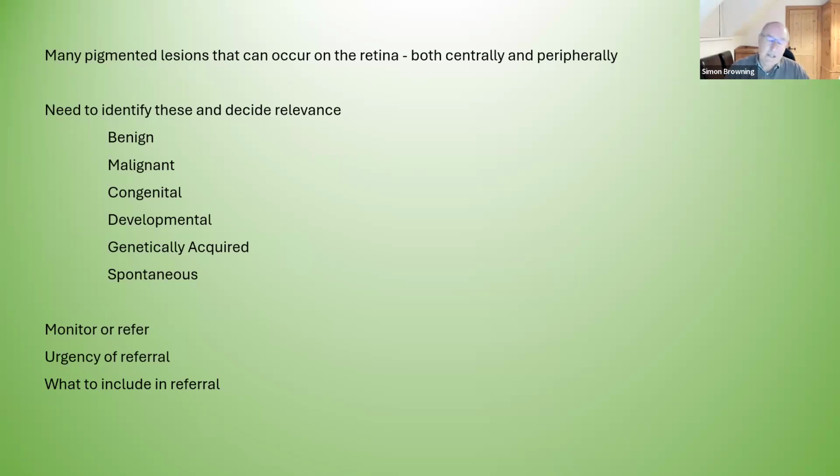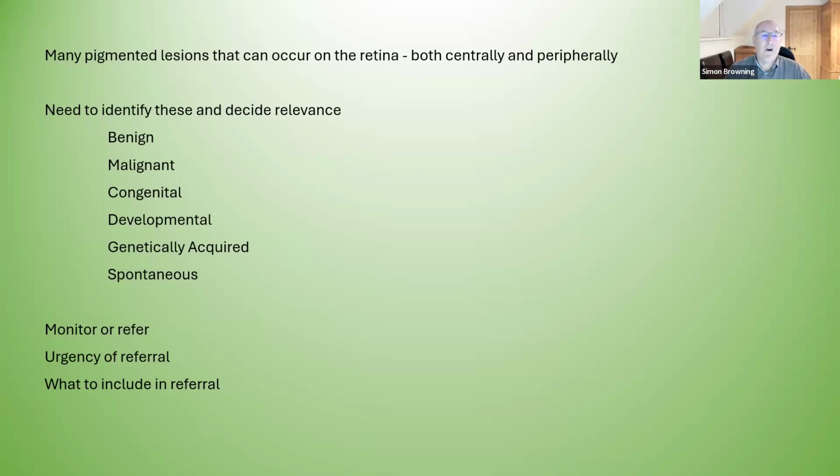Do we need to look at it in terms of future generations in the family, and maybe a genetic counselling almost with the patient? Or has it just appeared overnight? And then once we've worked our way around all of that, are we going to monitor this? Are we going to refer it? And if so, how urgently? And what do we actually want to put in that referral?